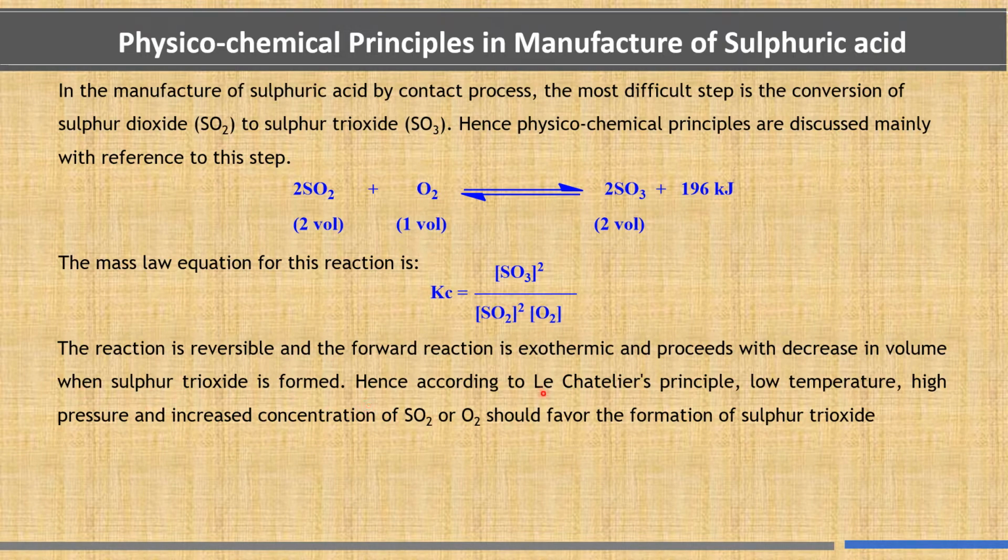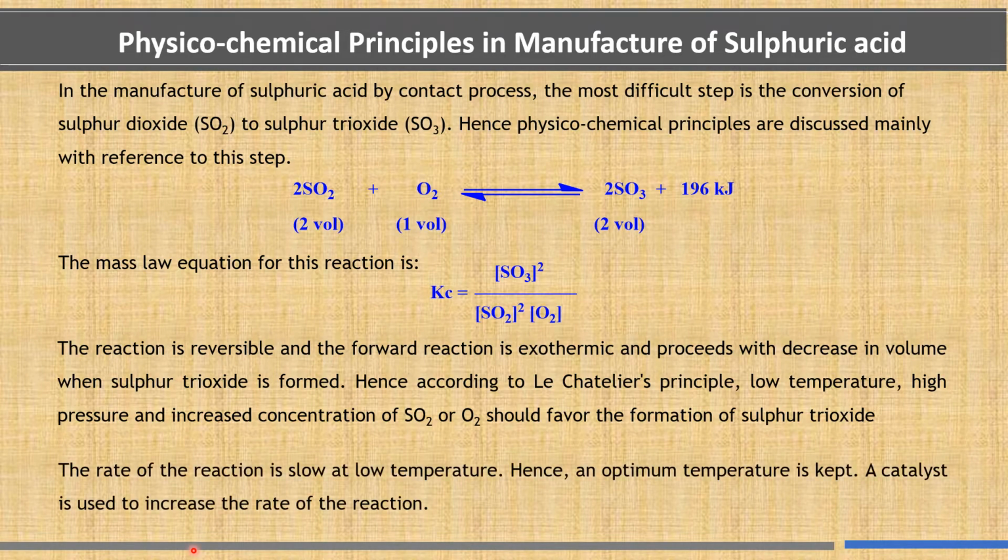Hence according to Le Chatelier's principle, low temperature, high pressure and increased concentration of SO2 or O2 should favor the formation of sulfur trioxide. The rate of reaction is slow at low temperature, hence the optimum temperature is kept. A catalyst is used to increase the rate of reaction.